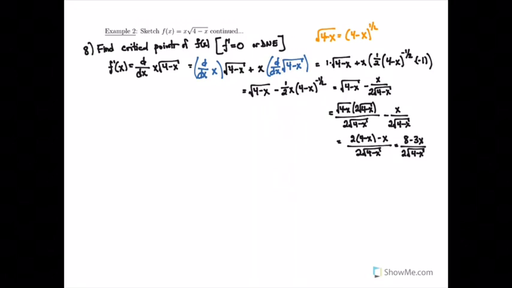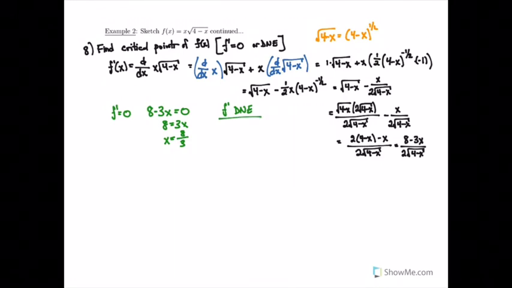So I want to find when the derivative is equal to 0. That's going to be when 8 minus 3x is equal to 0. That's going to be 8 equals 3x, or x equals 8 thirds. We also need to think about when the derivative does not exist.